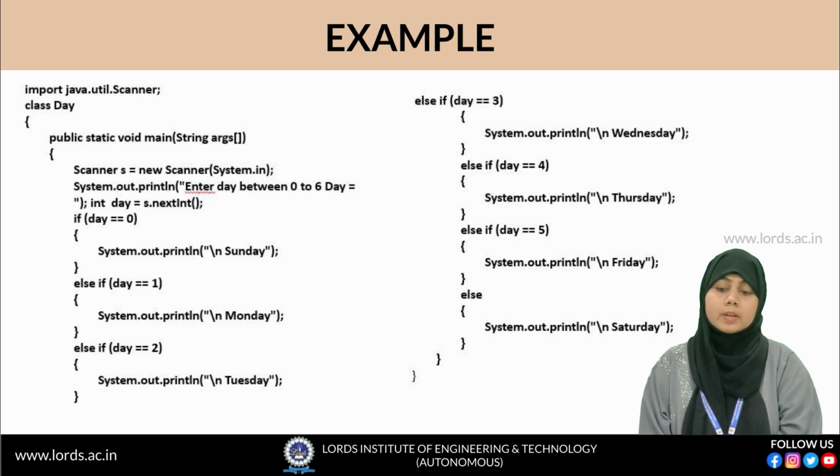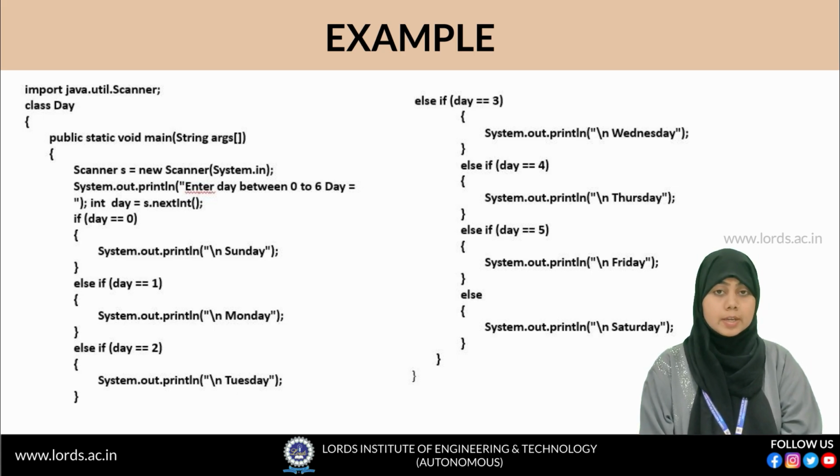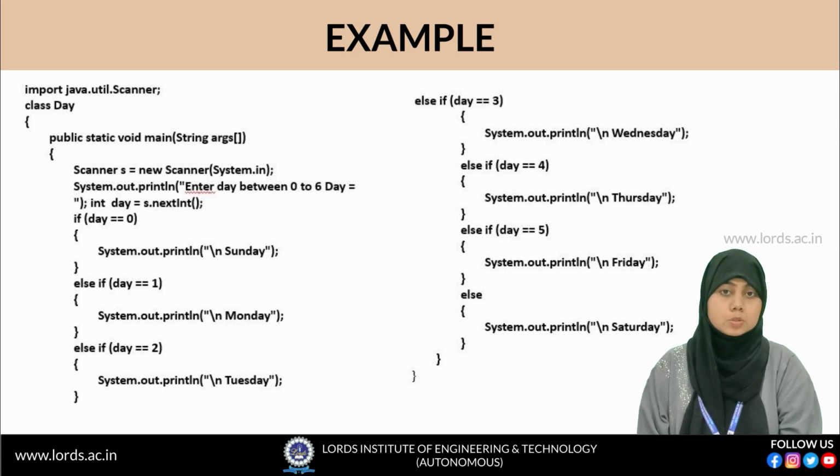Now when the user gives any input, that input needs to be stored in a variable. So we are declaring a variable of type int day and using the object s dot nextInt. This is the nextInt method of the Scanner class to convert the value into an integer. And now we are using this if else if ladder. Here I have given if day double equals 0.